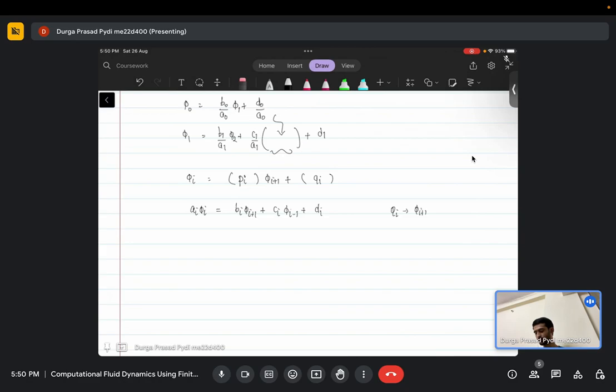So using the above relation in here, we get a_i phi_i equals, we will leave b_i phi_(i+1) as such. Now instead of phi_(i-1), I will use the same recurrence relation. So phi_(i-1) will be given by p_(i-1) phi_i plus q_(i-1), plus t_i.